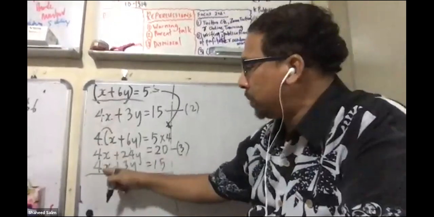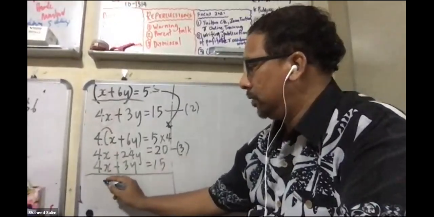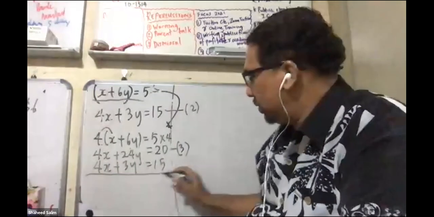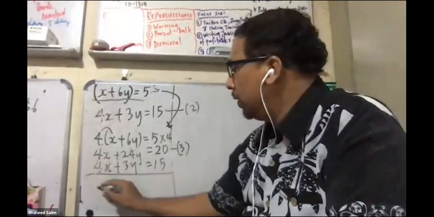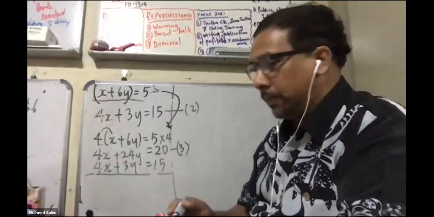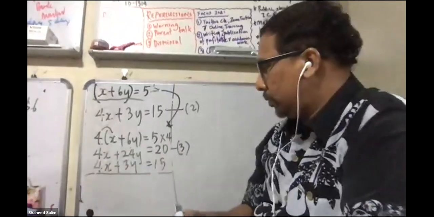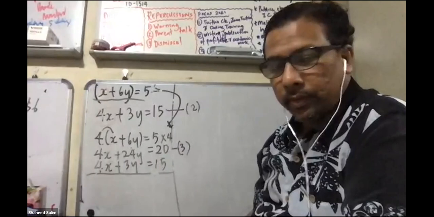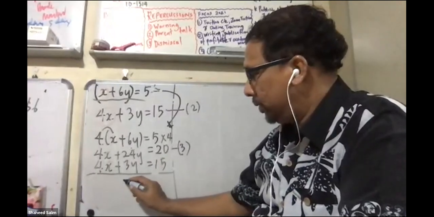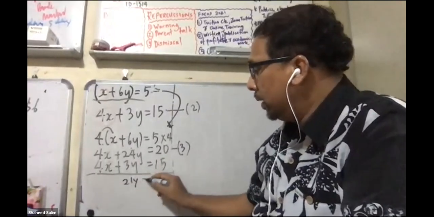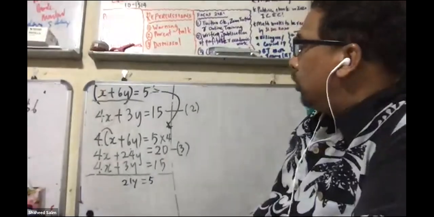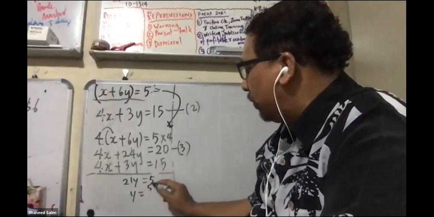So now tell me, 4x minus 4x, what is it? 0. 24y minus 3y, what do you get? 21y. 20 minus 15, 5. Let me see, did I do it correctly? So now 21y equals 5, y equals 5 over 21.